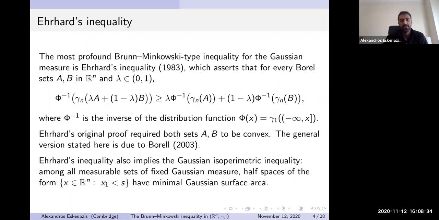Just to give an example, it implies the Gaussian isoperimetric inequality, which says that among all measurable sets in R^n of fixed Gaussian measure, the Gaussian surface area is minimized on half spaces. So sets in R^n for which, say, the first coordinate is smaller than s. And of course, because of rotational invariance, you can rotate the half spaces as long as they have the same Gaussian measure.